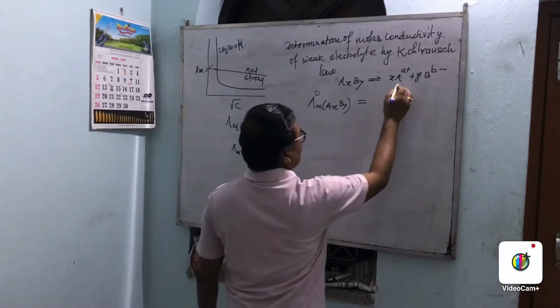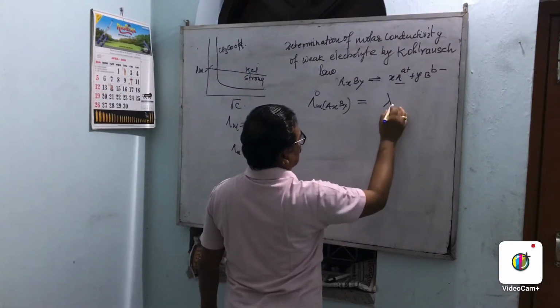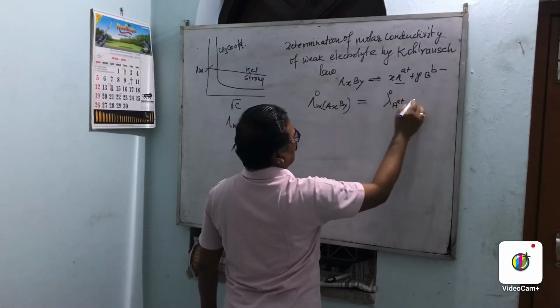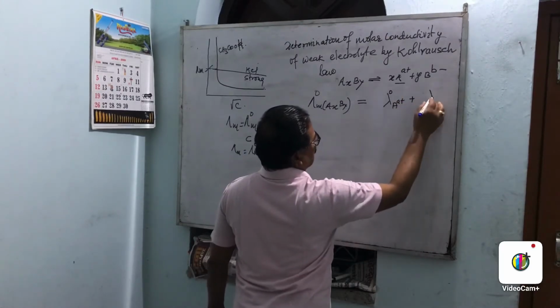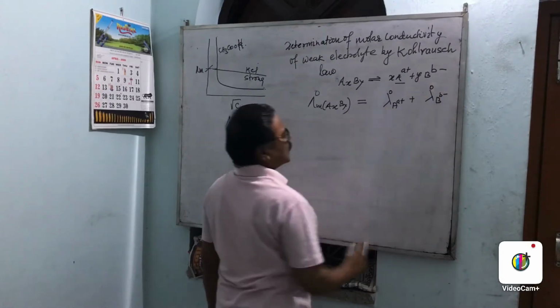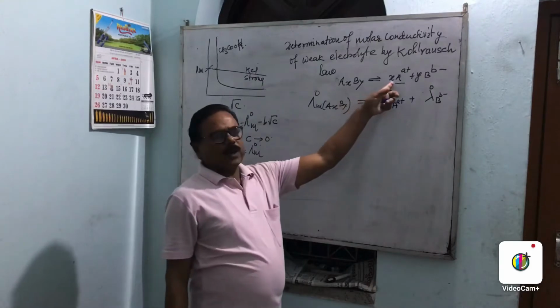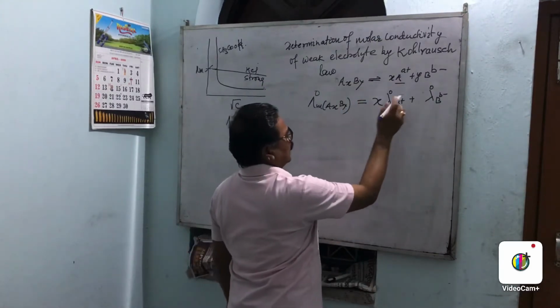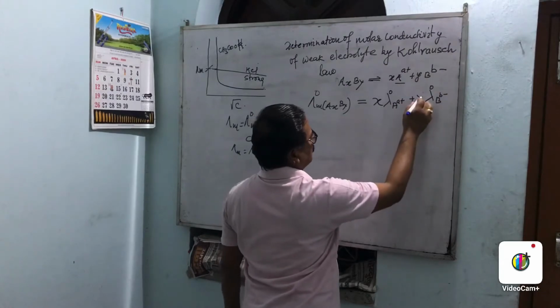Here the cation is A plus, lambda A plus with its charge, and lambda B minus, where the number of positive ions is x and the number of negative ions is y.